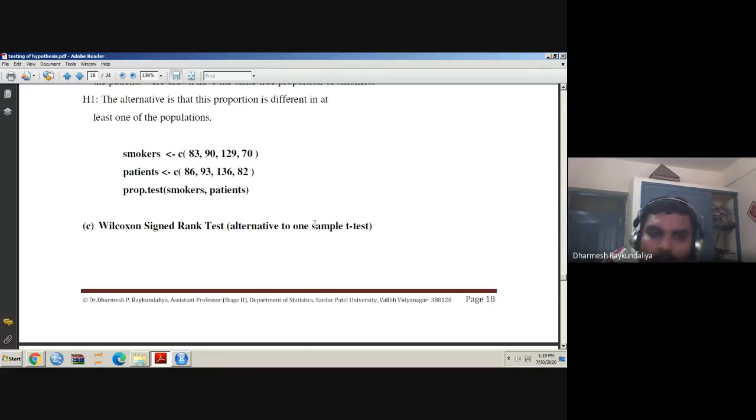If that assumption holds true, we can apply the one sample t-test to test mu equal to mu 0, where mu is the population mean and mu 0 is the assumed mean. But if any one assumption is violated, say the data is not random or not normally distributed, then we cannot perform the parametric test.